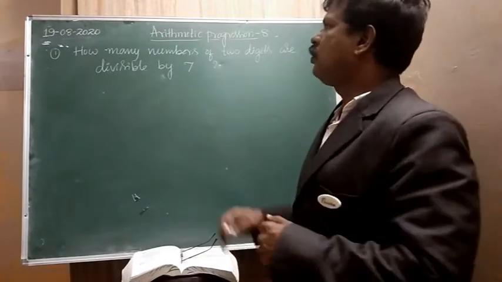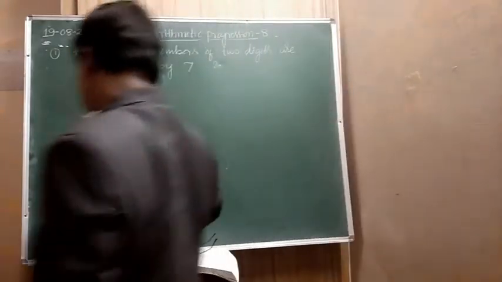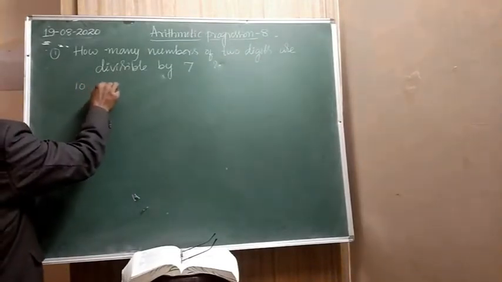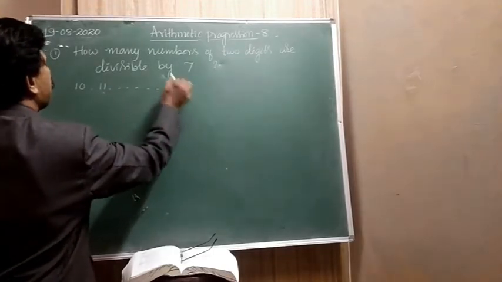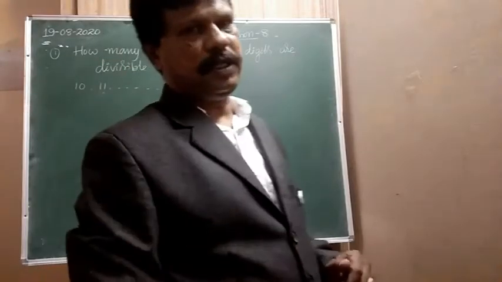Now how to proceed? We know that the numbers starting from 10, 11, etc. up to 99 are the 2-digit numbers.